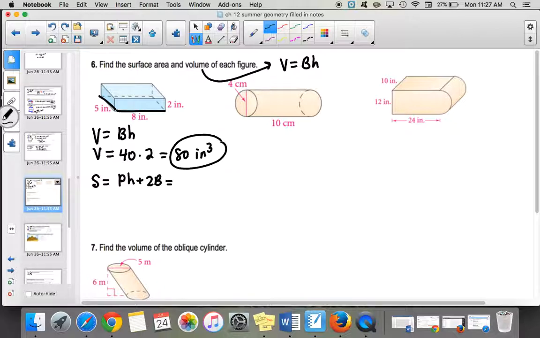Our perimeter is 5 plus 8 plus 5 plus 8, so it's 26. Our height is 2. Our bases are both 5 times 8, so 40, so we have 2 of those 40s. So we end up getting 52 plus 80, so we get 132 square inches.